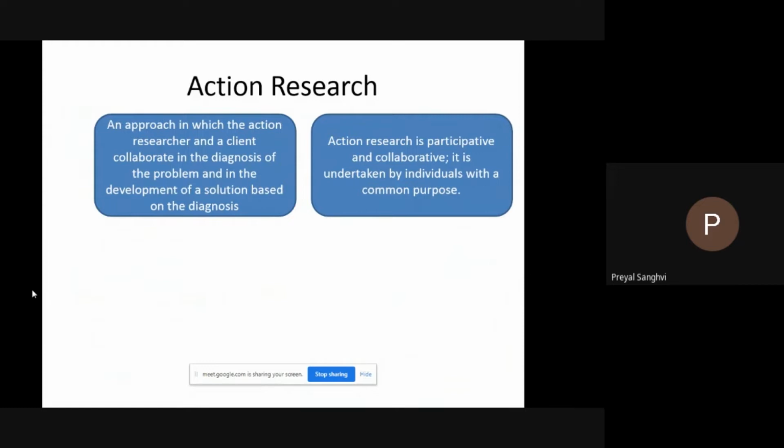They find out a problem, what the problem in a company is, and based upon the problem they find out the solution also. So the client and the researcher work together to find out the problem, diagnose it, and find out the solution. This comes under action research.